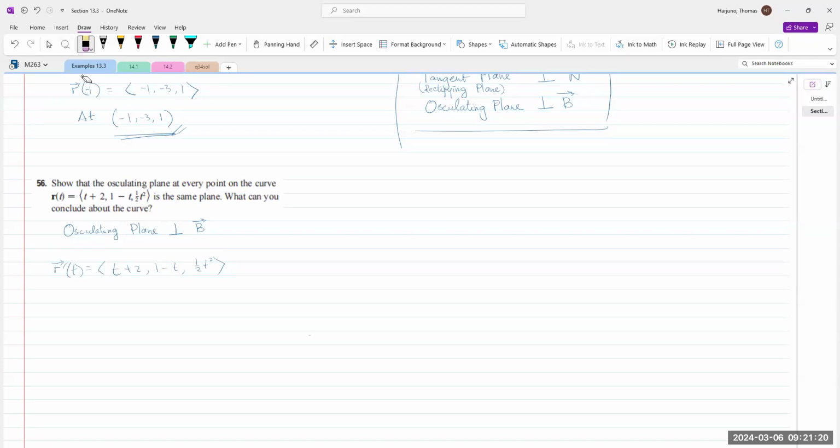And then r prime t, therefore, is (1, -1, 2t). So the unit tangent vector will be this divided by its own length, which is square root of 2 plus 4t squared.